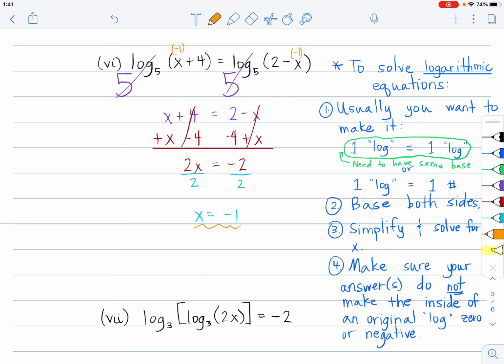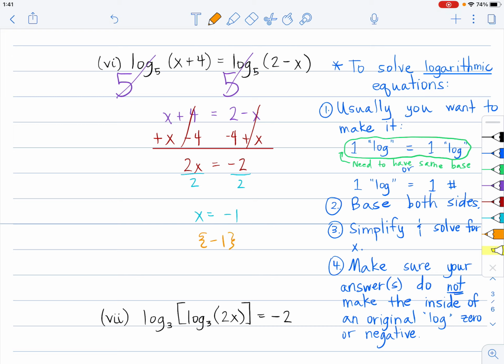Now when I put -1 for x onto the left-hand side, -1 plus 4 is +3. That's perfectly fine. 2 minus -1, minus negative becomes plus positive. That's also 3.